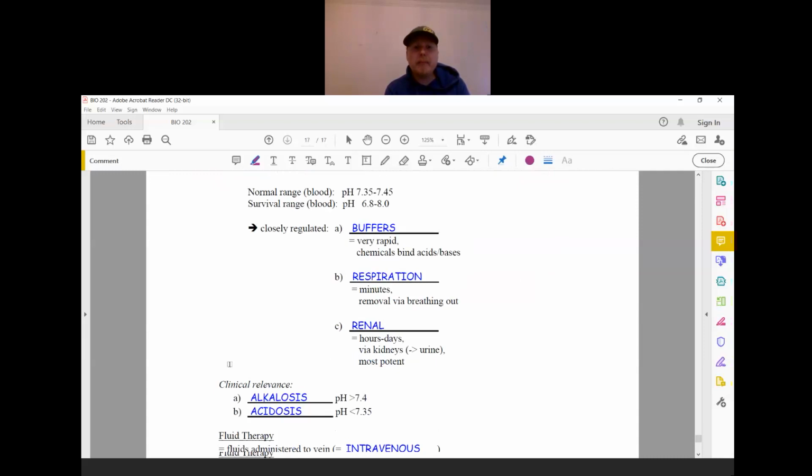When we look at the human body, one thing that we'll end up noticing is that the pH range within the human body is maintained extremely consistent, somewhere in the blood from 7.35 to 7.45. You can still live as low as 6.8 and as high as 8.0 pH.